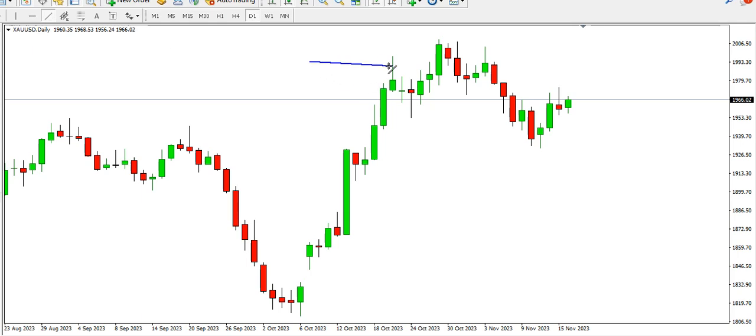You can see resistance around here, another resistance around here, and a support around here. You can see a previous daily candle here, more like a resistance. But looking at the momentum, we have bullish momentum with this candle, and bearish momentum with this particular candle on the daily time frame.